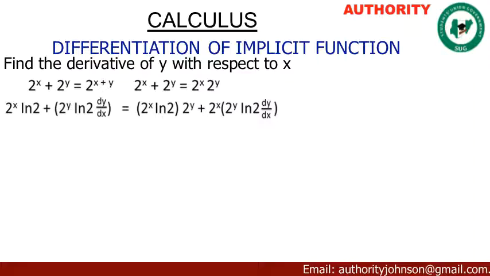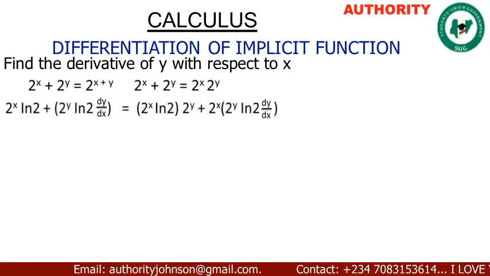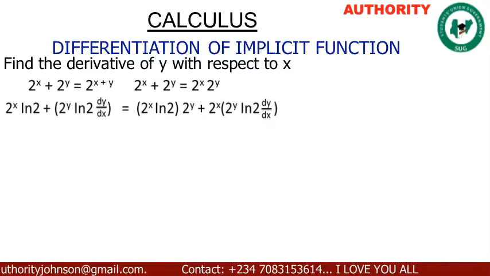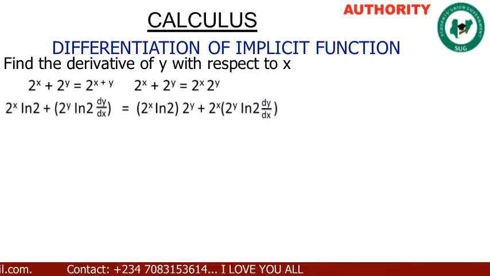That means we have 2 raised to power x ln 2 plus 2 raised to power y ln 2 dy all over dx is equal to 2 raised to power x ln 2 times 2 raised to power y plus 2 raised to power x times 2 raised to power y ln 2 dy all over dx.